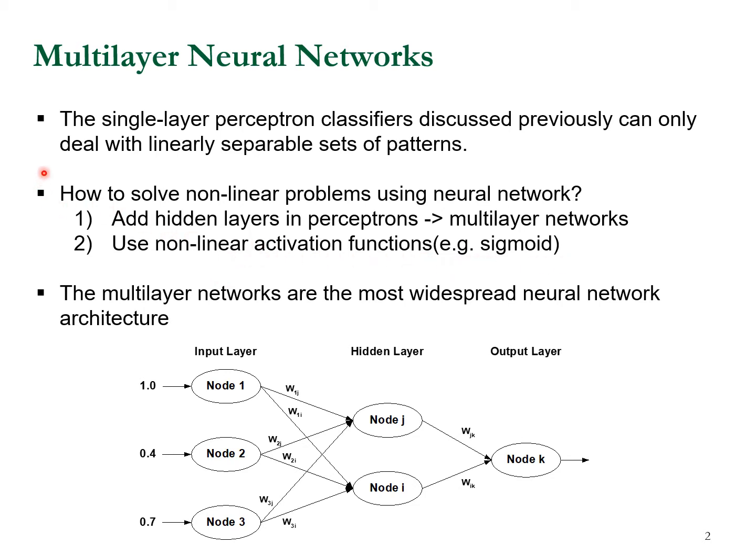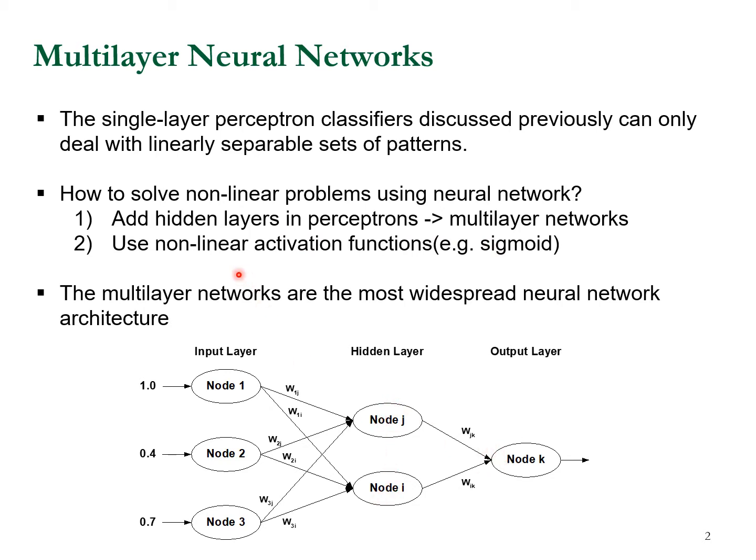So for this question, how do you solve nonlinear problems using a neural net, there are two answers. The first one is we add hidden layers, and the second answer is we use a nonlinear function such as sigmoid function as an activation function for each of these nodes.